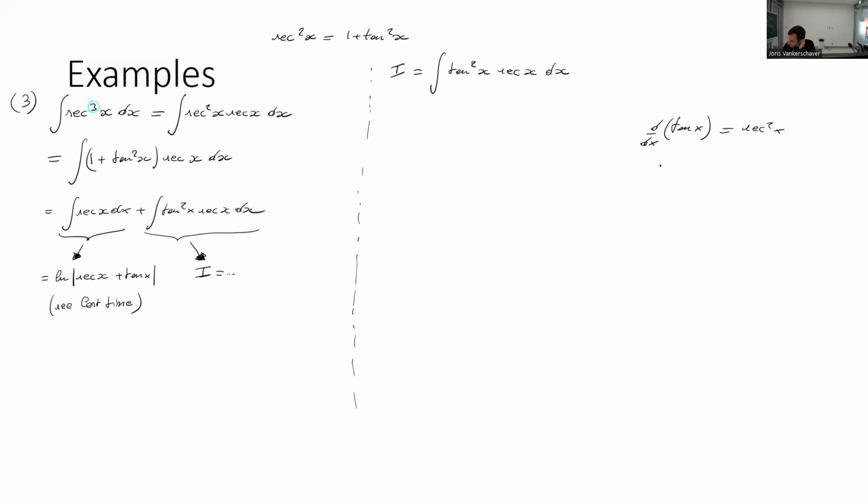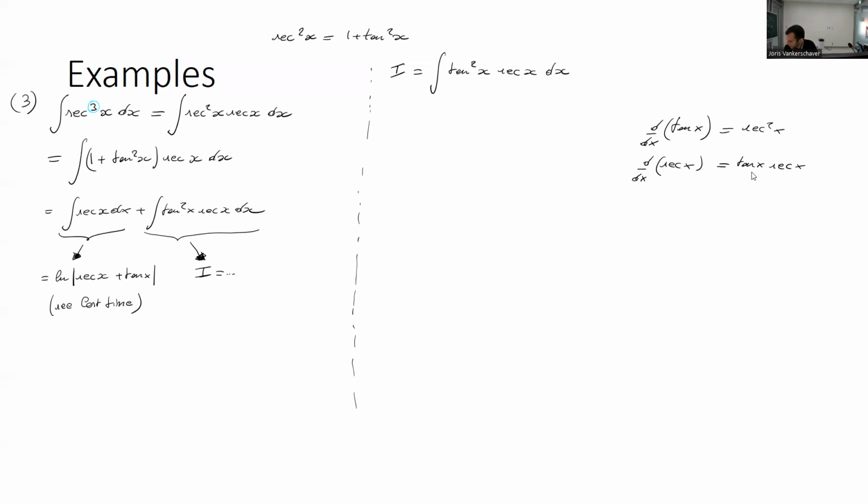And likewise, if we have secant of x, the derivative of that is tan x times secant of x. So those are tools in our arsenal. And now let's see if we can use those to crack this integral.